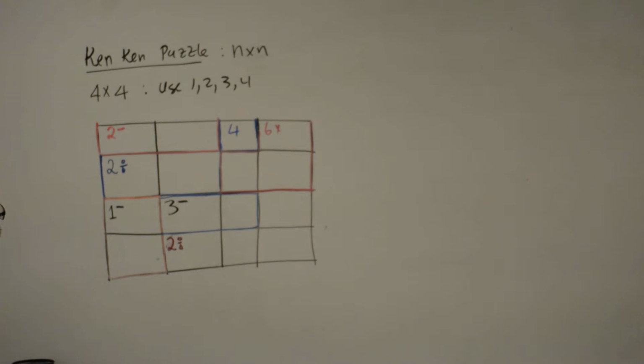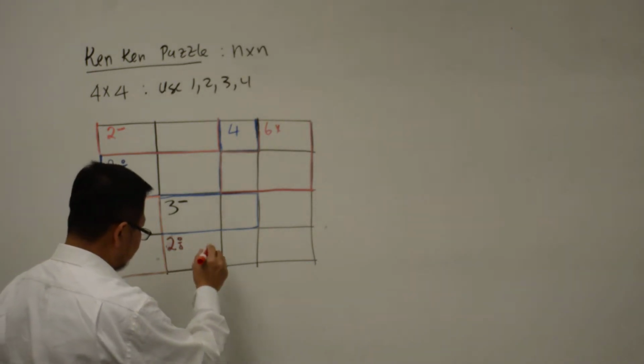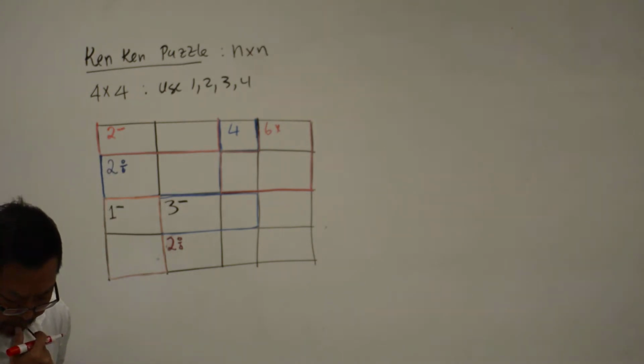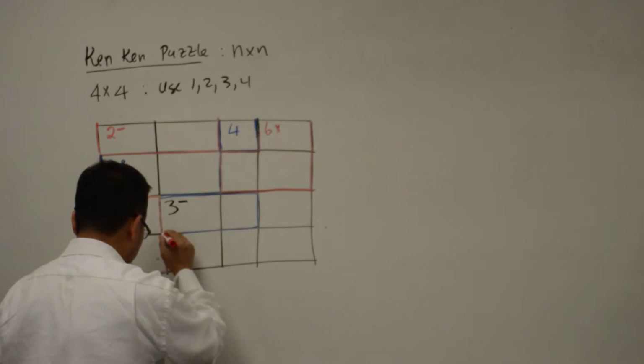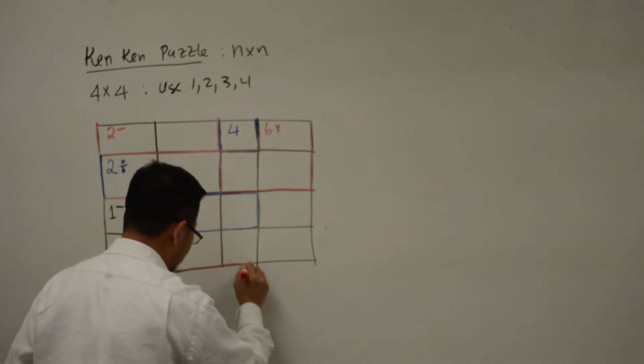So that becomes the cage for 2 division, from here to here. That's the division.